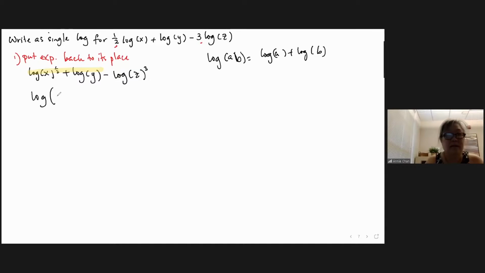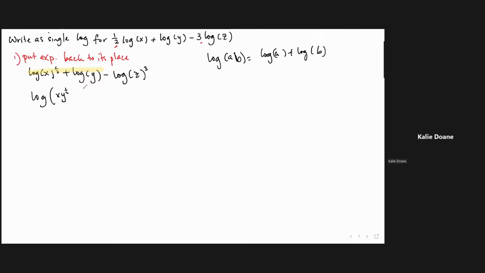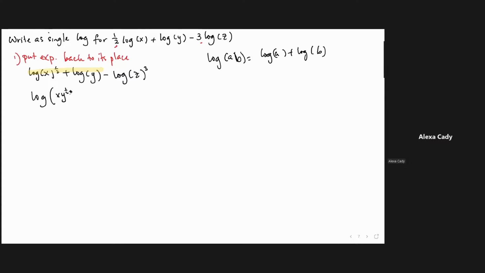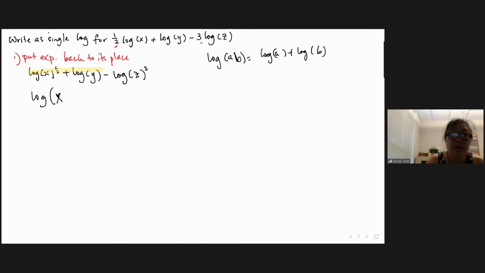Is that true? Wouldn't just x be to the half? x to the 1/2 times y. Yes, be careful. Because the 1/2 belongs to the x, it doesn't belong to the y. x to the 1/2 y. See that, Daniel? The half belongs to the x, it doesn't belong to the y, they don't share.